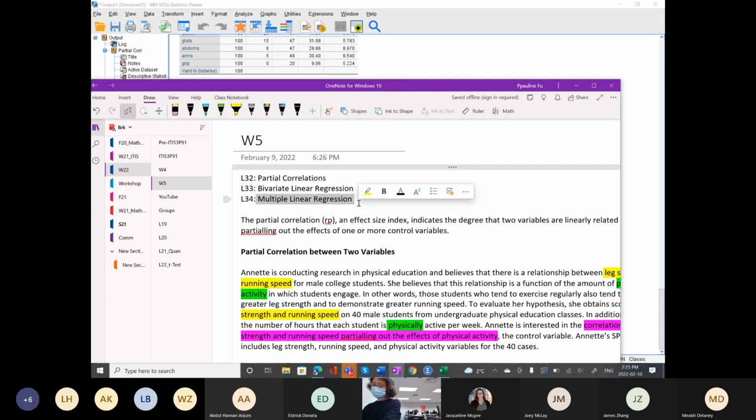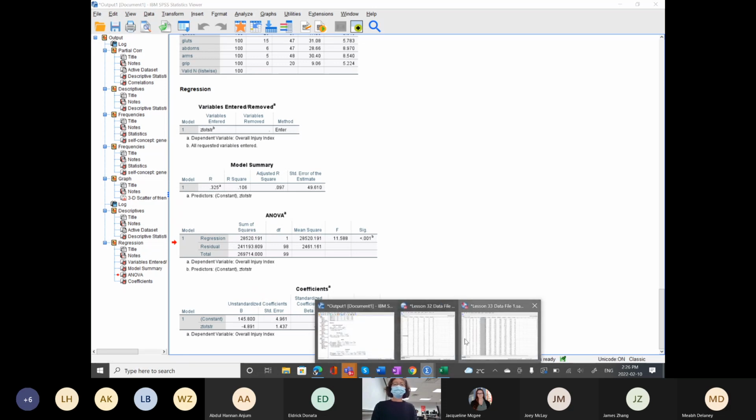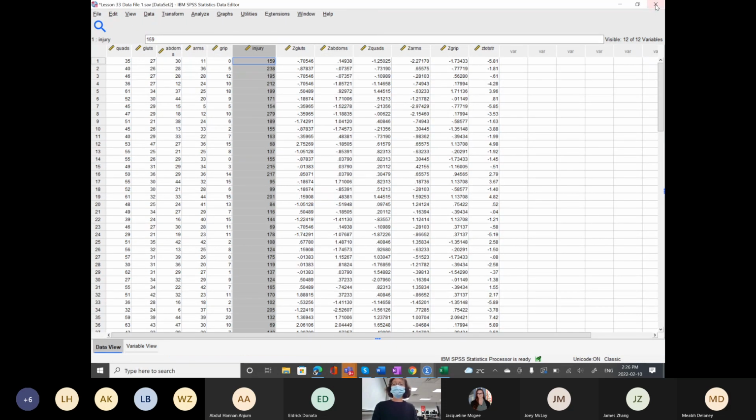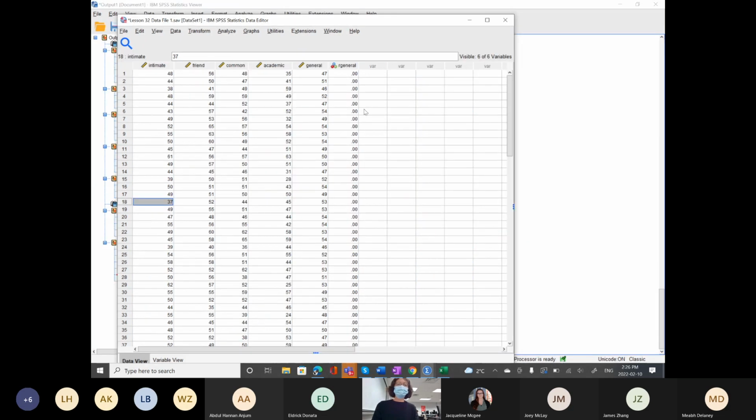So let's do an example from the textbook, lesson 34. This data I will close without saving it. Don't save. And this is lesson 32.